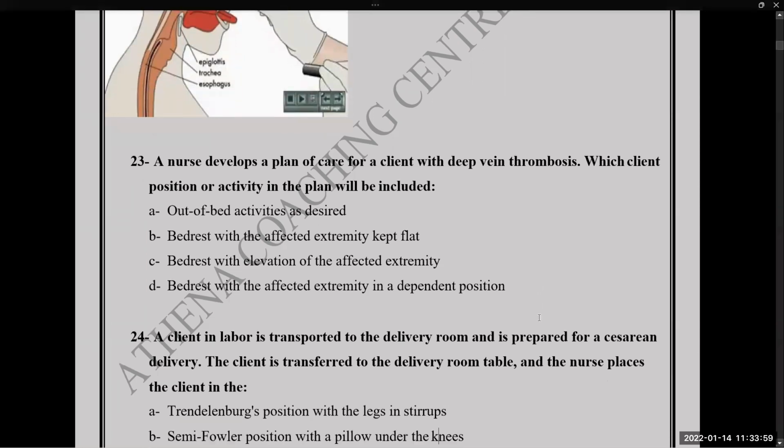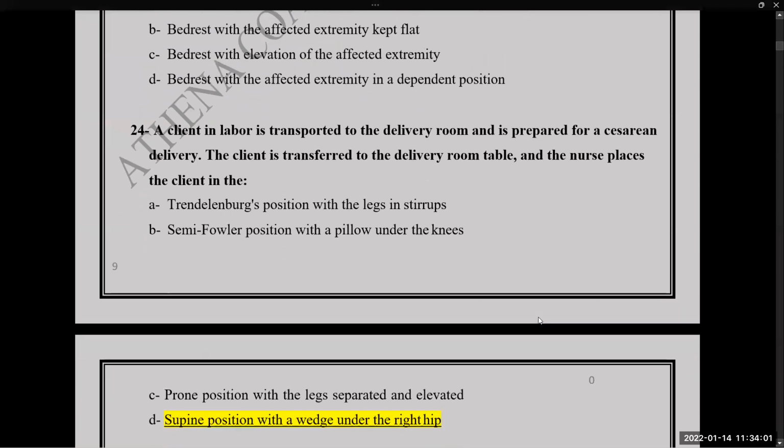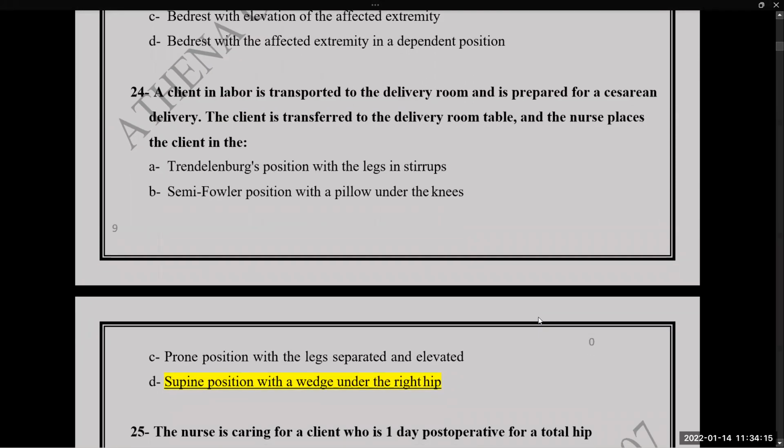Next. The client in labor is transported to the delivery room and is prepared for cesarean delivery. The client is transferred to the delivery room table and the nurse places the client in what position? Trendelenburg position with the legs in stirrups, semi-Fowler's position with a pillow under the knees, prone position with the legs separated and elevated, or supine position with a wedge under the right hip.